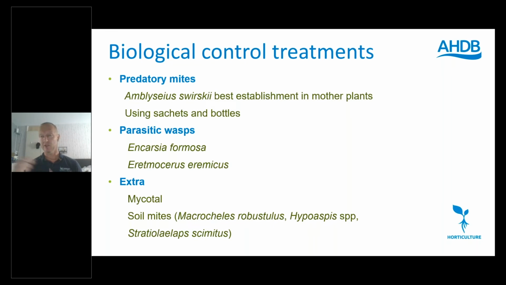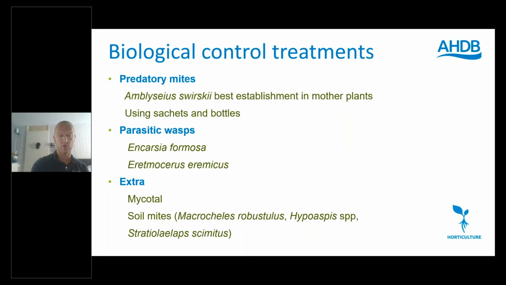The bottles you can sprinkle a little bit, or you can blow them into the crops. And we use wasps, like Encarsia formosa. Encarsia formosa is more for the greenhouse whitefly, and we use Eretmocerus more for the Bemisia. And sometimes they put in extra mycotoxin, but it's more an extra. It's not really a killer for the whitefly.